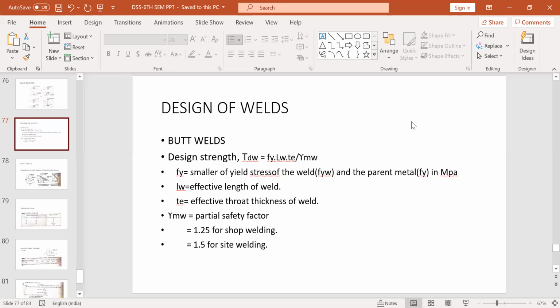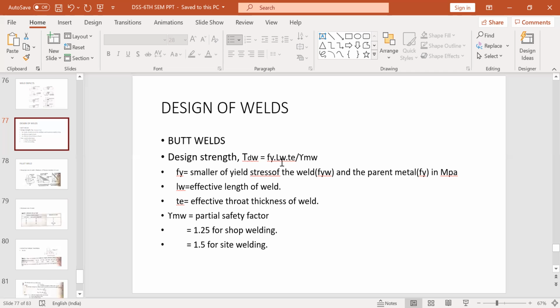These two members which are connected by this butt weld are subjected to tensile force T on both sides, both sides of the edge of the member plate. Now this T will be nothing but the design strength. The value will be given to you in the question. So you put Tdw as the T, and then find out the length of the weld required. You assume the thickness of the weld as per the specification. You know all the other values, so you find the length of weld.